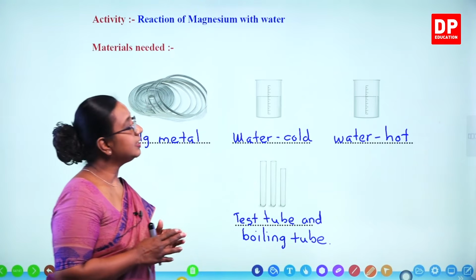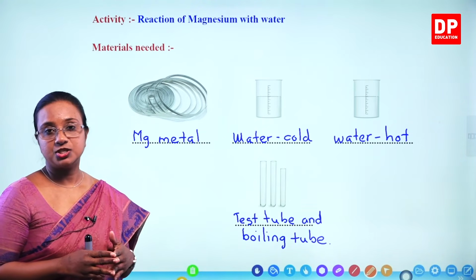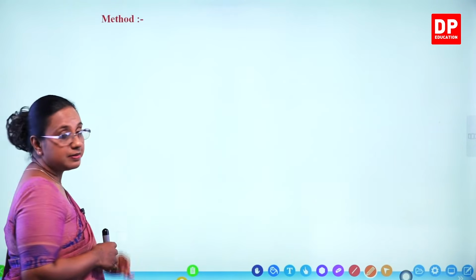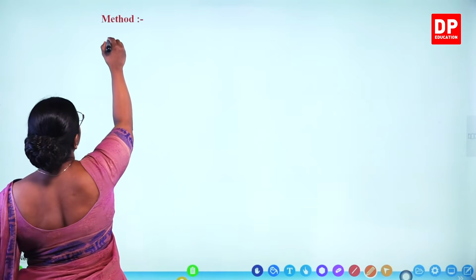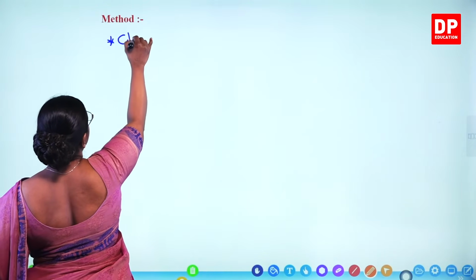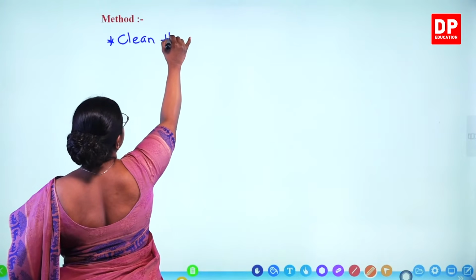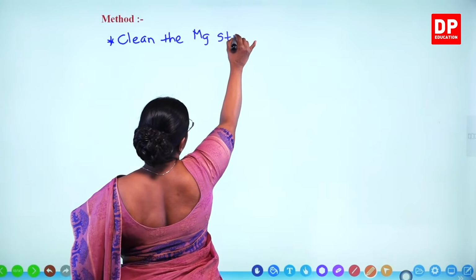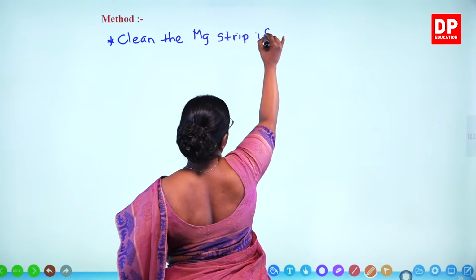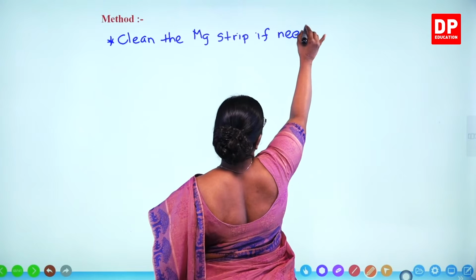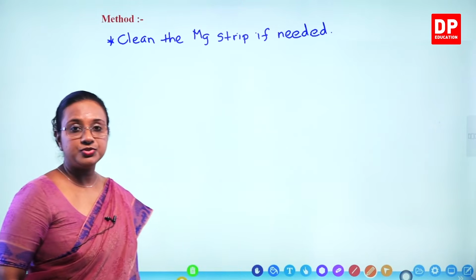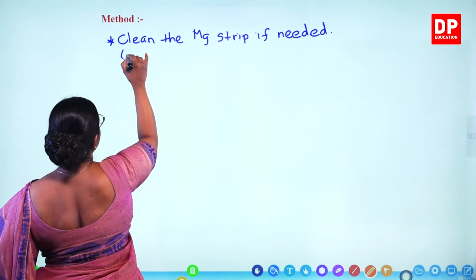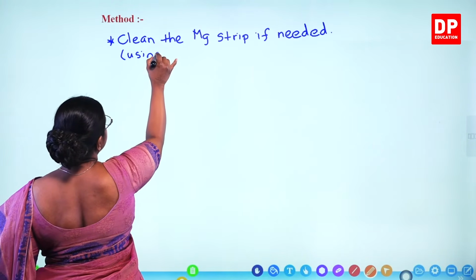Now we will write down the steps related to this activity. The method: first you have to clean the magnesium strip if needed. So if you already have a clean magnesium strip, you can use it. Otherwise, you have to clean it. This is done using sandpaper.